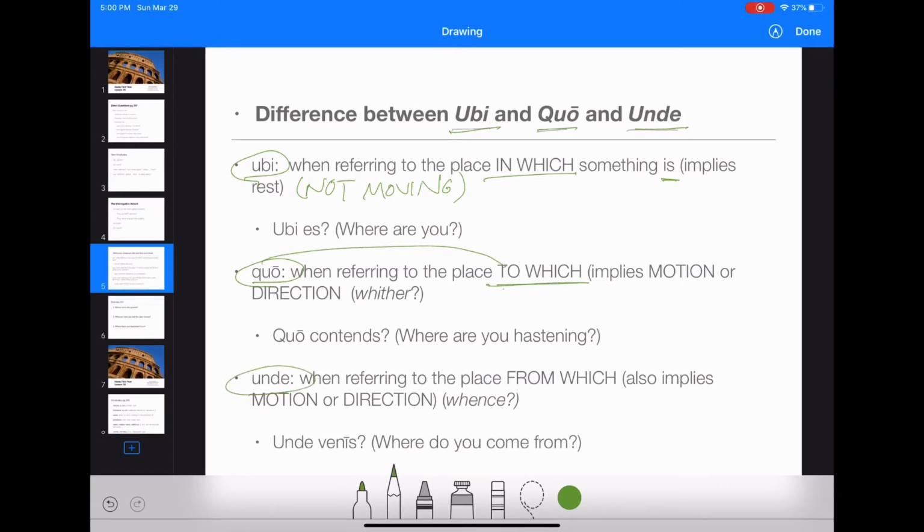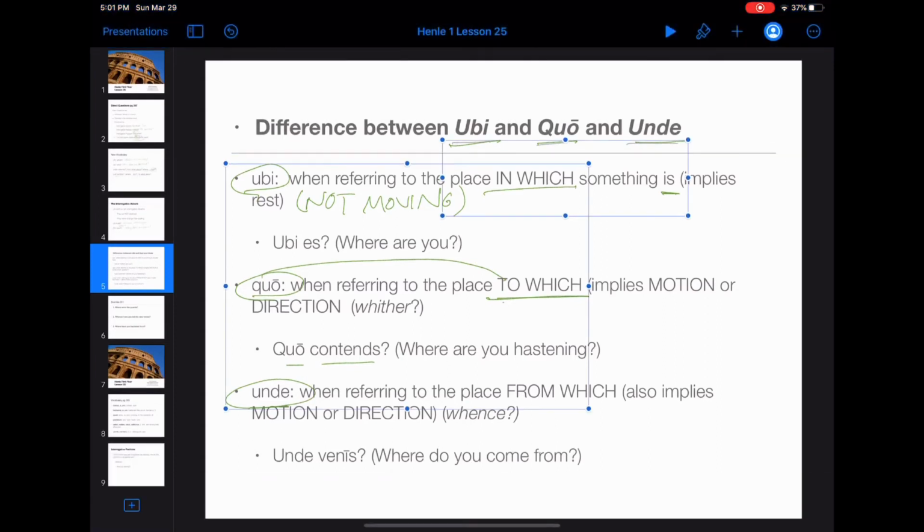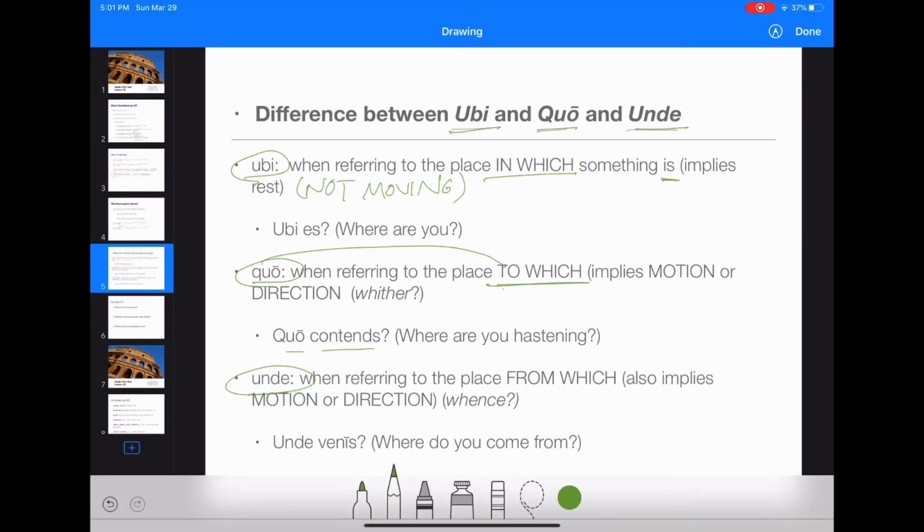And then we have quo contendis, where are you hastening?